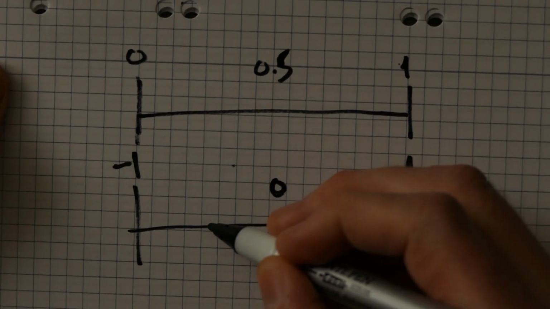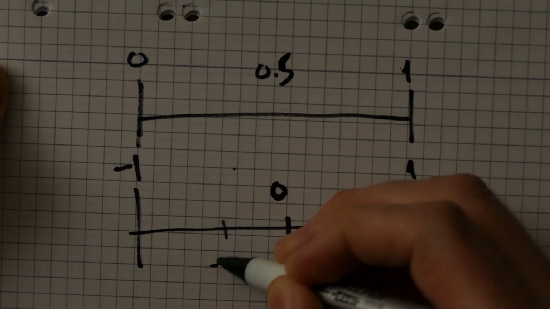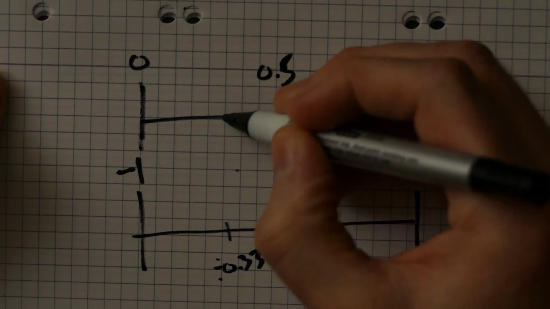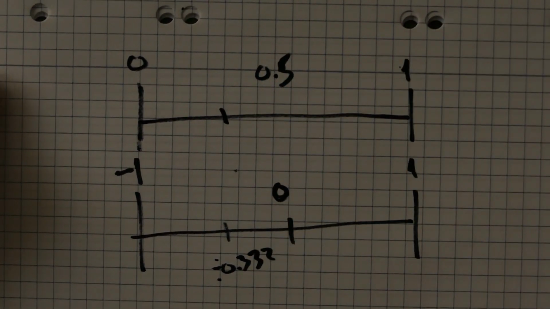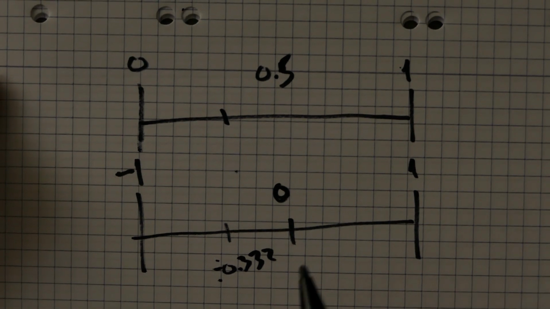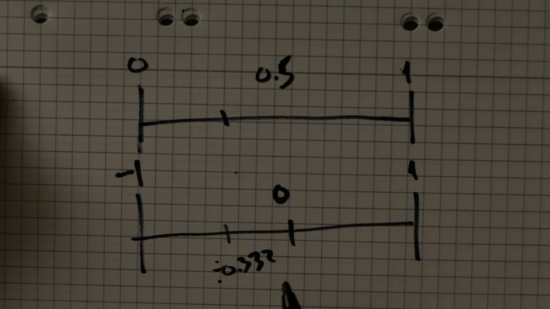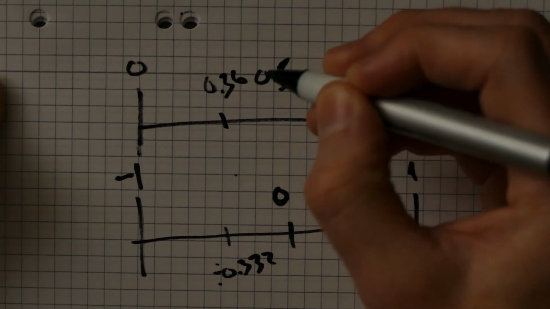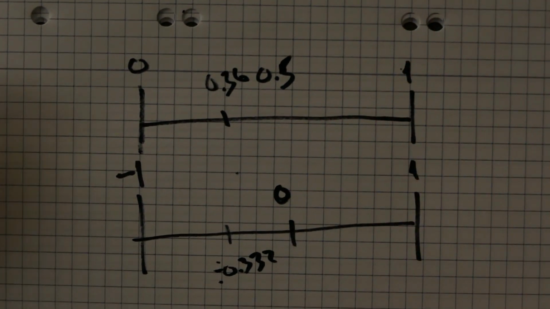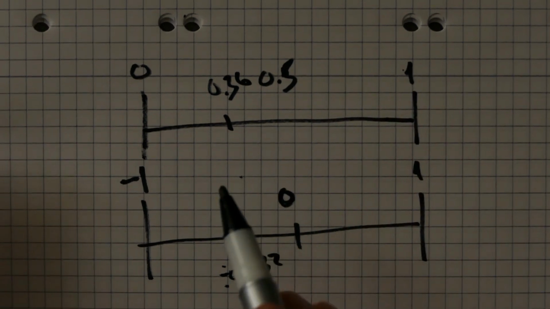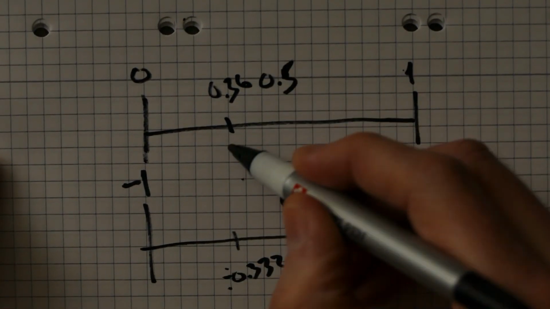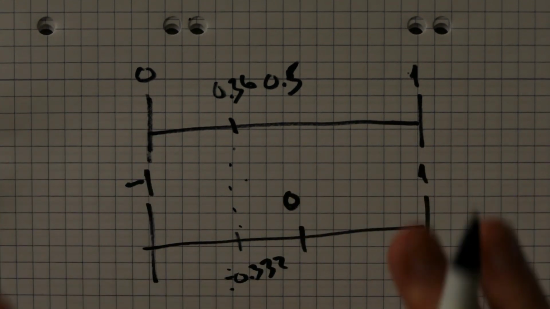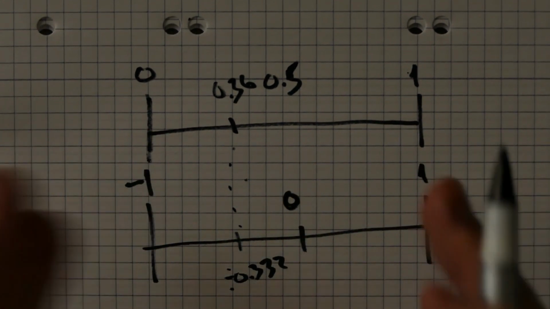Because if I did minus 0.333 now, that is the same as, let me see, I can't do this in my head now, can I? So that is 0.36-ish. So as you can see, that's a bit of a disconnect that can confuse things very quickly when you're working with value modules.